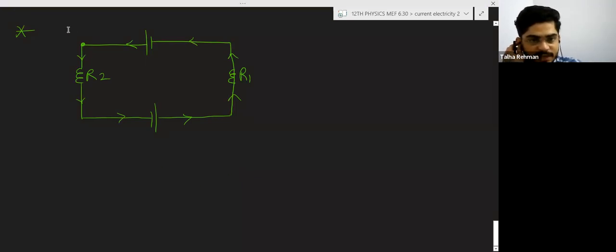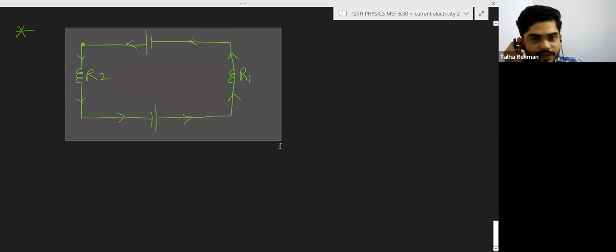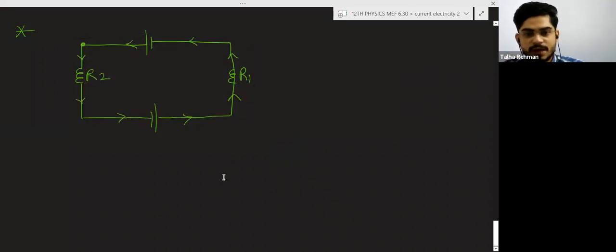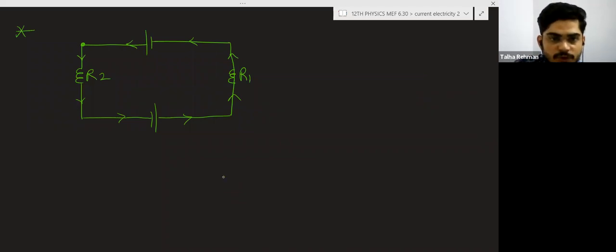This is the circuit you have, and this is a closed loop. You have to apply Kirchhoff's voltage law in this closed loop. This is higher, this is lower, this is higher, this is lower.